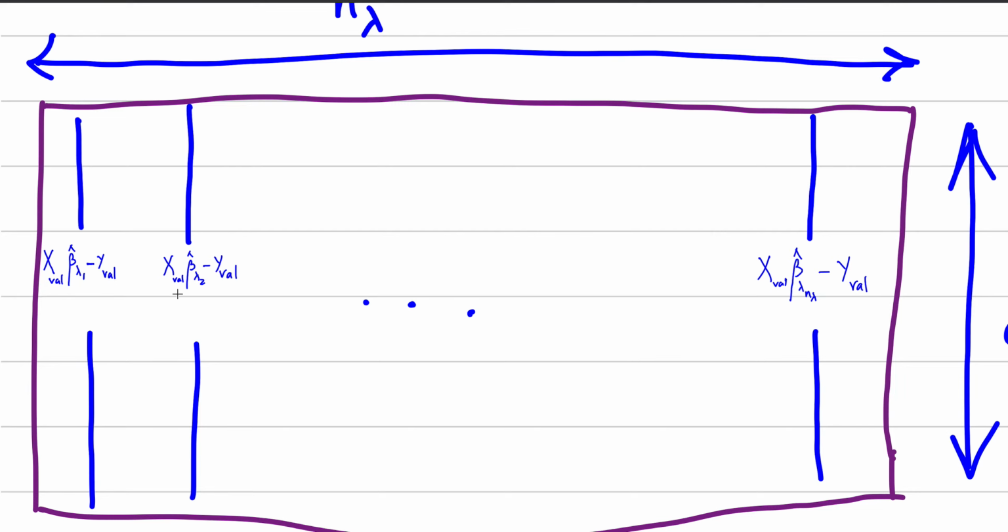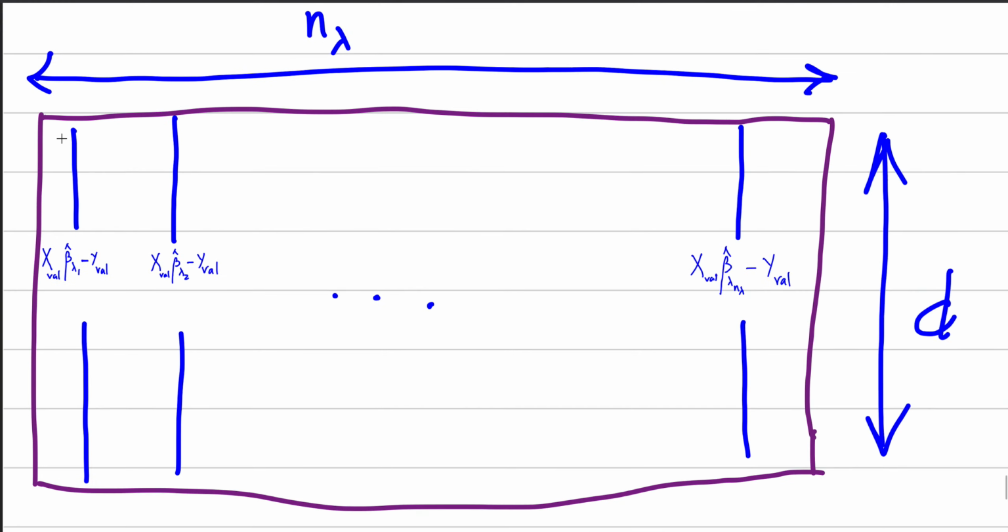In the second column you have x val times beta hat lambda 2 minus y val. So this is the vector of residuals for the validation data set when you use a ridge model with lambda 1. This is the residuals you will get for the prediction on the validation data set when you use lambda 2, and then you go to lambda n.